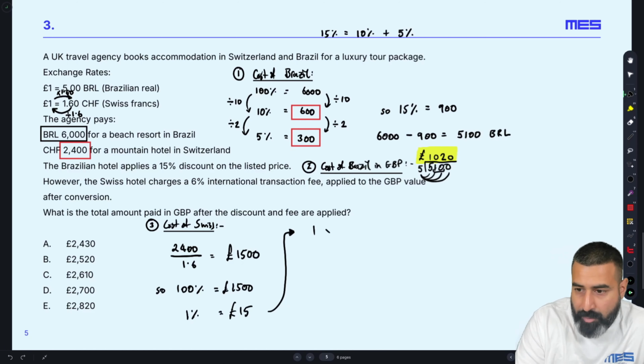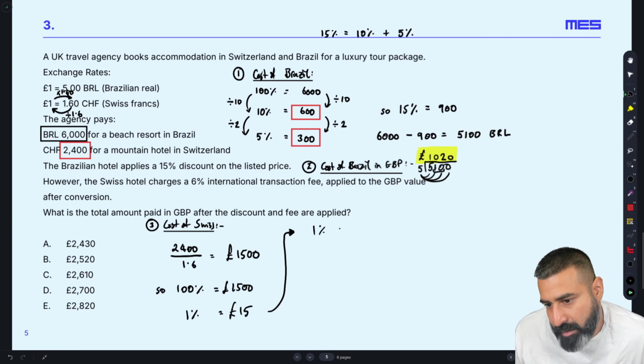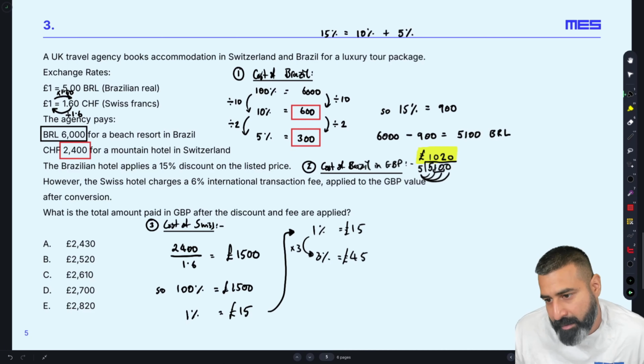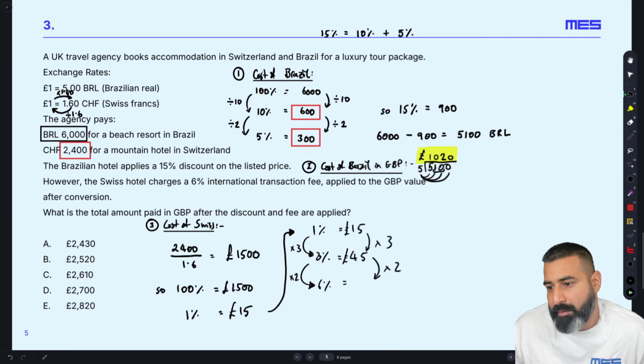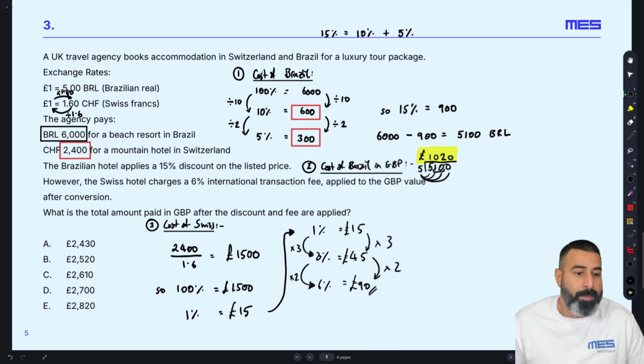Now, we're saying that 1% is equal to 15 pounds. So I could times by 6, but let's chunk it a bit. So let's work out what 3% is. 3% is 45. So then we will double that to get to 6. 45 times 2 is equal to 90 pounds.